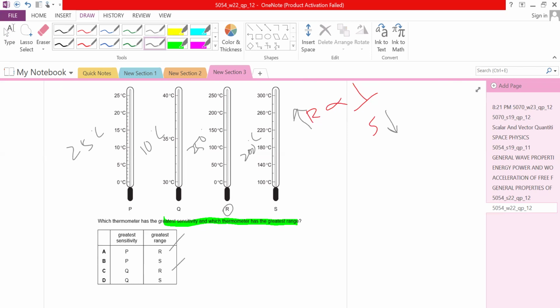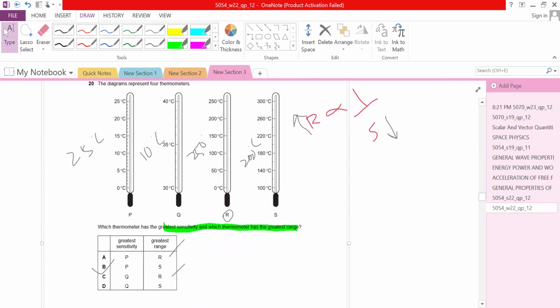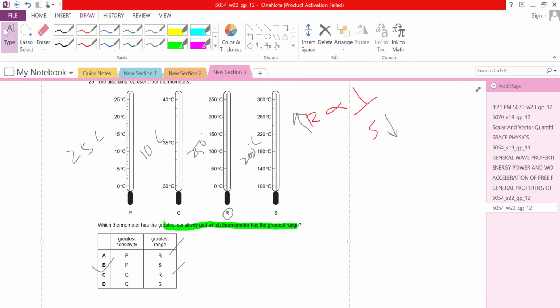So for this, the option would be B. For question number 20, the option would be C. The greatest sensitivity is of Q, as it has the lowest, or you can say the least range, while the greatest range is of R.